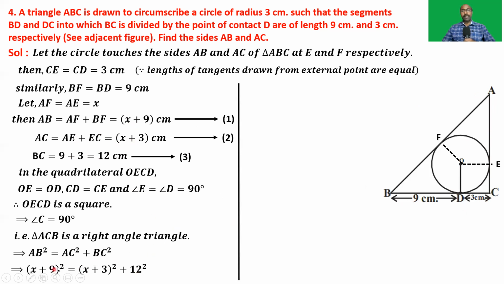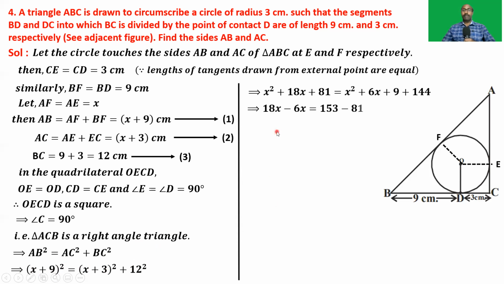Now by expanding these terms, using the A plus B whole square formula, we have X square plus 2AB, which is 2 into X into 9, that is 18X, plus B square, 9 square is 81. As well as here also, X square plus 6X plus 9, plus 12 square is 144.